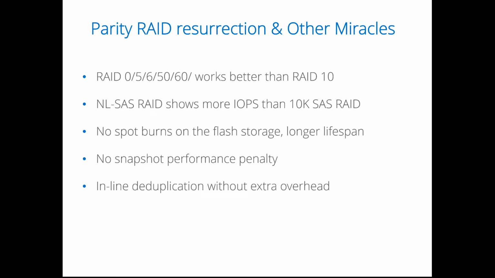We can always write fast to our spindle since we write sequentially. We don't need to write to flash at this point, so we can read from it. You can, of course, use flash for reads and writes as well, but the whole idea is to use less flash, more spindles, and get effective storage utilization and effective flash utilization. So it's a winning combination.